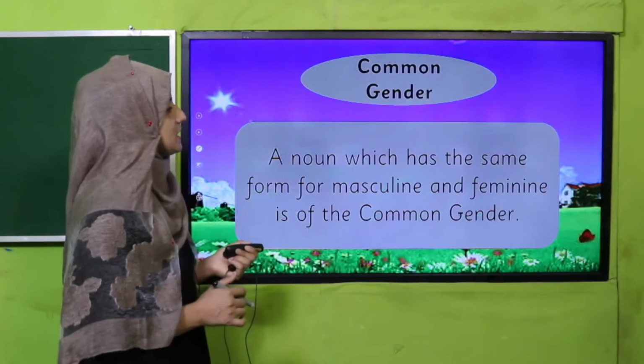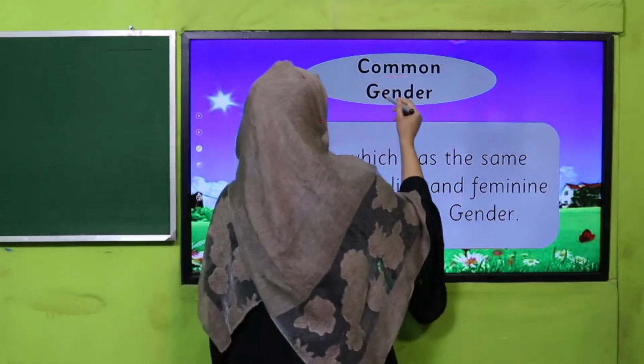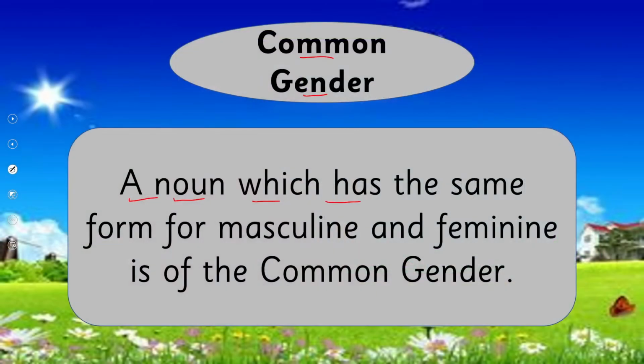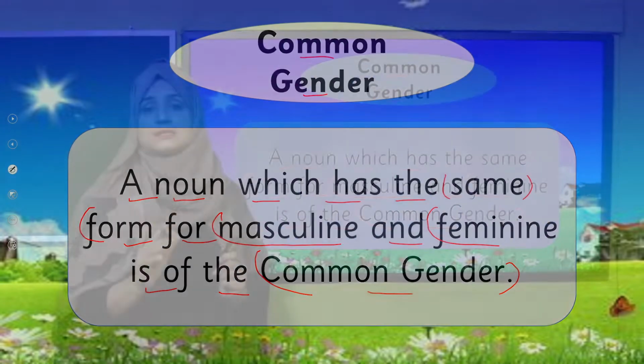So next, let's see common gender. What is common gender? A noun which has the same form for masculine and feminine is of the common gender. So same form. So do you know, my dear students, the noun which has the same form.